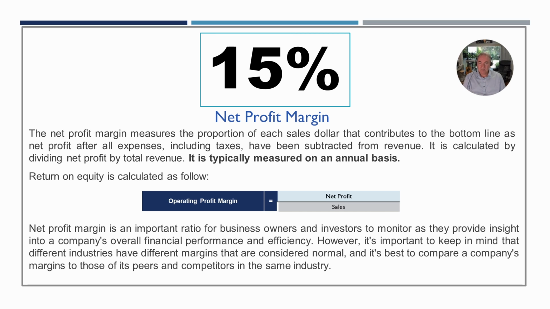And that's calculated by taking your net profit divided by sales in order to get a percentage. And one of the ways that I find these numbers to be important is if you have a look back over a certain period of time, then you can see how efficiently your business is running.